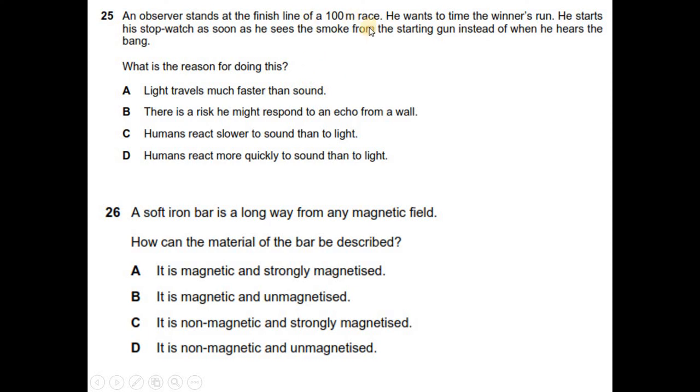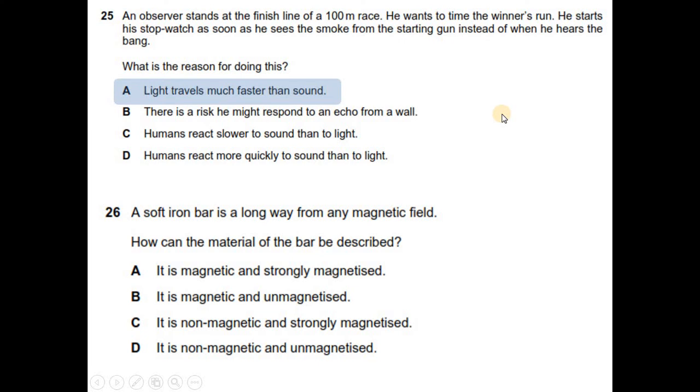Indeed, this is again a typical question of comparing the speed of sound and the speed of light. So the speed of light is much higher than the sound. That's why he is starting the timer when he sees the smoke. That means the light. So option should be A.